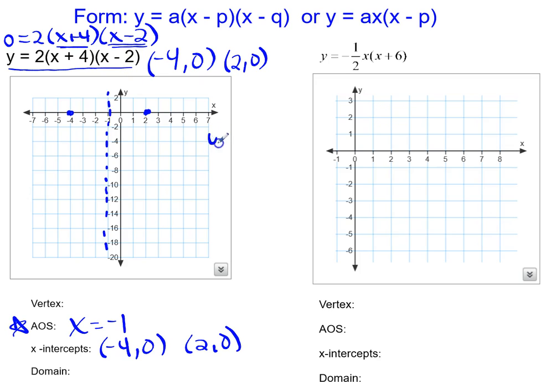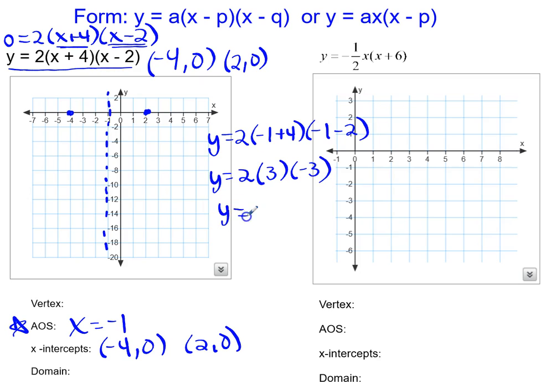So I'm going to say y equals 2 times (-1 plus 4) times (-1 minus 2), and I'm going to simplify. So y equals -18. So my vertex is at (-1, -18).